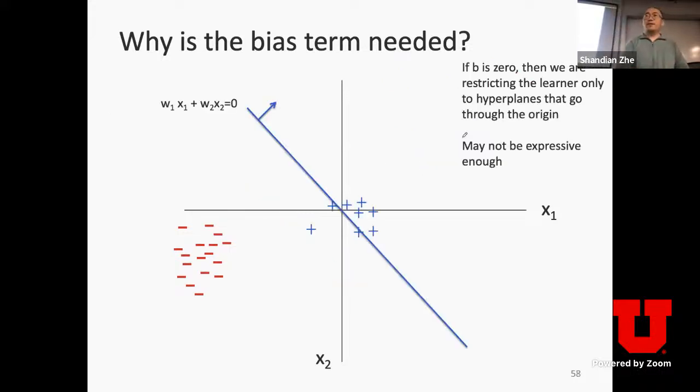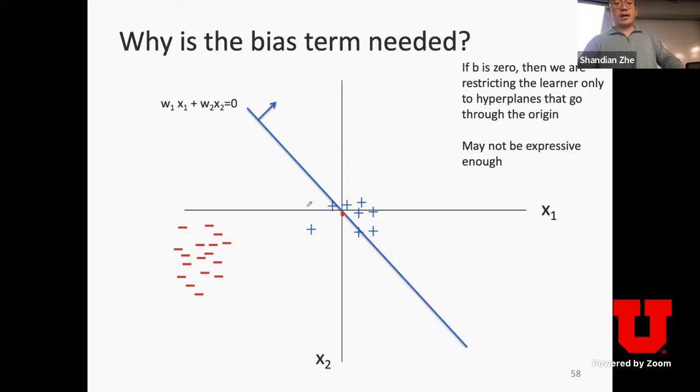Remember, W1, W2 can only govern the direction of this hyperplane. That means if you change W1, W2, you can rotate this hyperplane, but you cannot move it away. It's locked in the sense that it will always pass through the origin, which is not favorable.